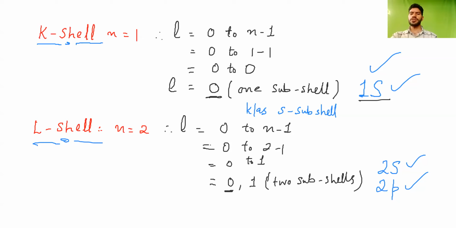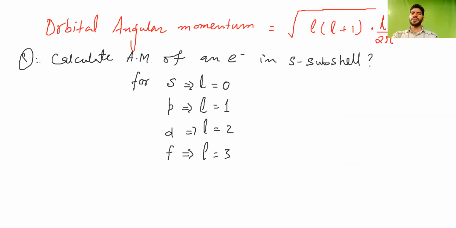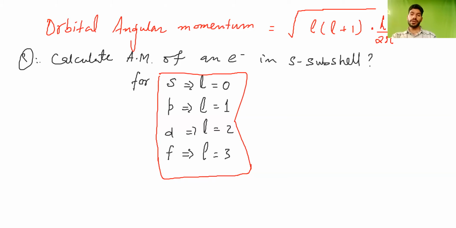L is here 0 and L is here 1. 0 is for this 2S, and 1 is for this P. So that is why you have to remember that for S, L value will be 0. This is very important because this table we will use ahead everywhere. For S, L value is 0. For P, L value is 1. For D, L value is 2. For F, L value is 3.